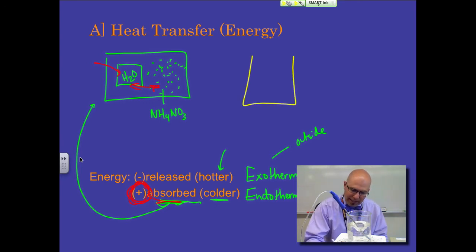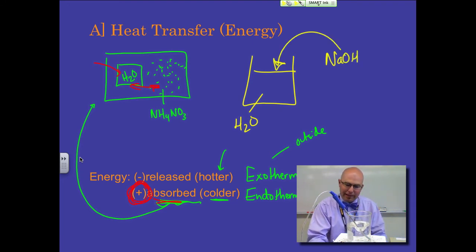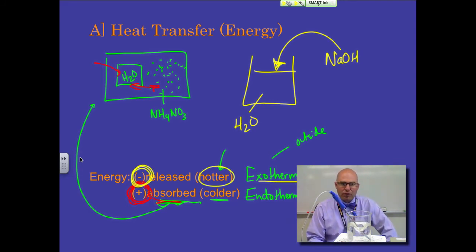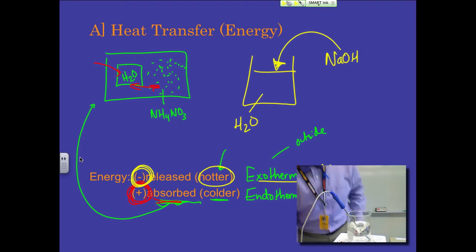Sodium hydroxide should make it an exothermic reaction, which means it's going to release heat to the surroundings, which means it should get hotter. Notice that the energy Q value would be negative. That's important to recognize: positive for endothermic, negative for exothermic.